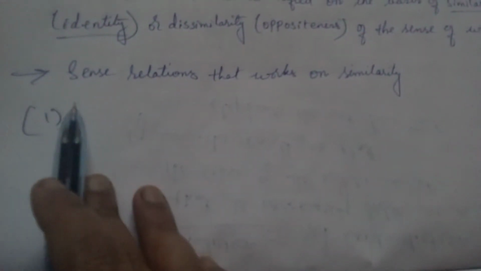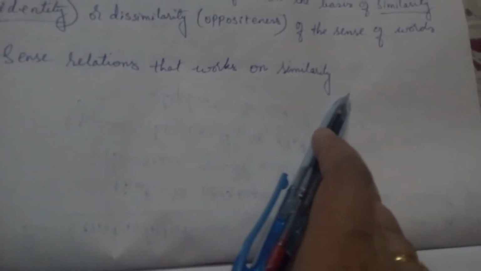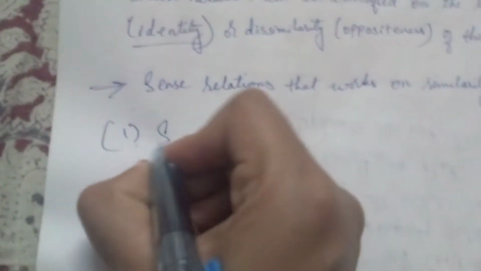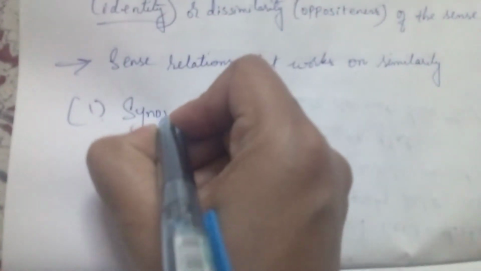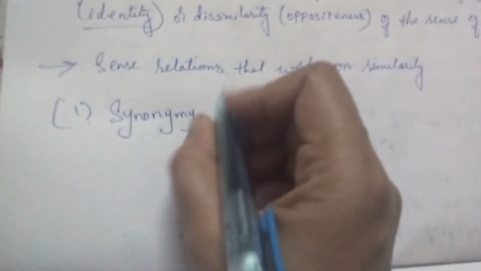The first point in sense relations that work on similarity is synonymy.